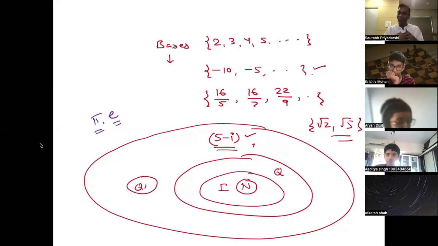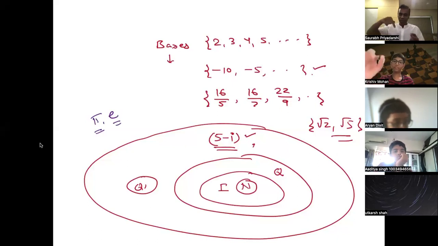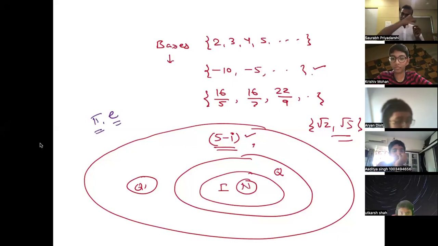So pi is one of the fascinating things, right? In nature, everywhere you will find pi. Like a river: from one point the river will start and at the other point it will end, and the path goes in a spiral way, right?